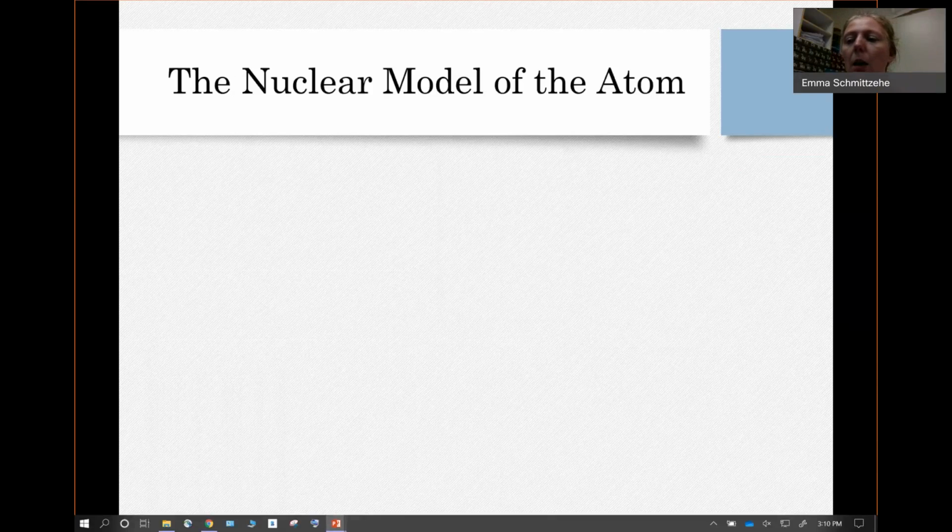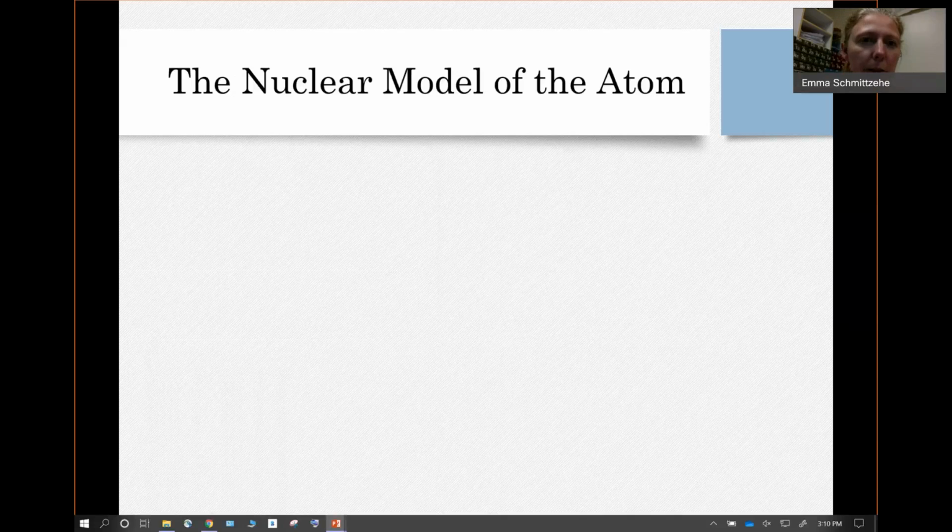Based on those experiments that helped discover there are smaller pieces, those experiments helped lead to a new model of the atom. It went through different proposed models, and one of the important ones was the Thomson model, the plum pudding model.